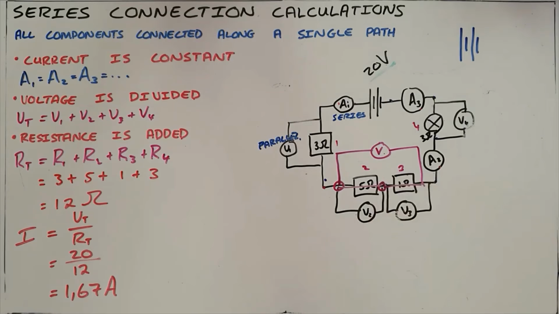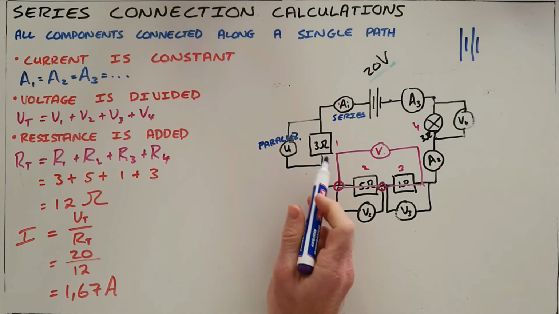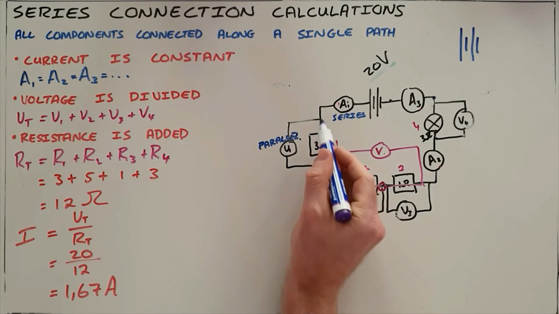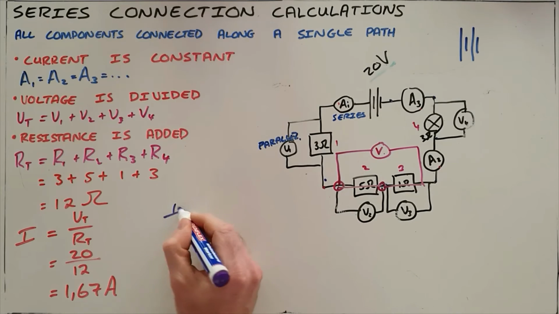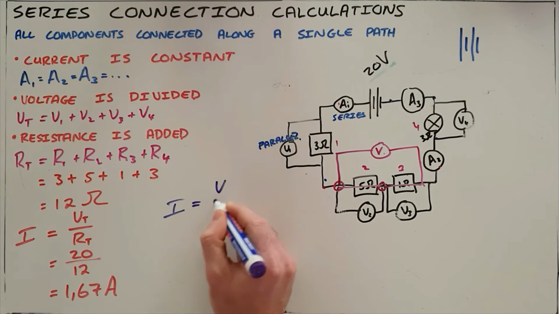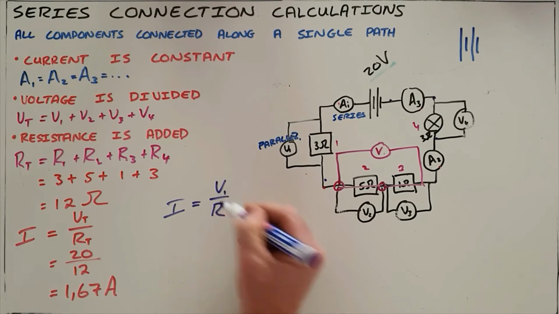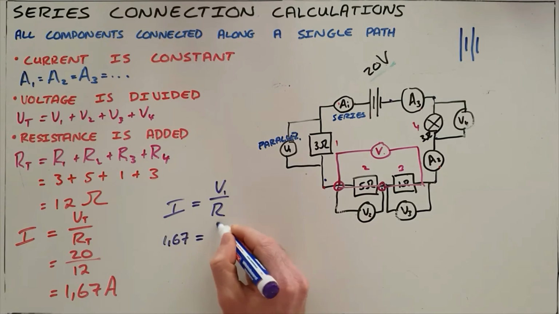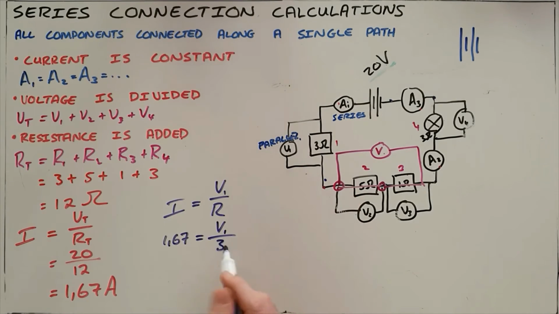The next thing that we can calculate is the voltage over individual resistors. So for this voltmeter V1, since we know the current passing through it and we know the resistance, we can use Ohm's law once again to calculate that voltage. The current, being constant in series, is 1.67. The voltage is unknown. The resistance is 3 ohms.